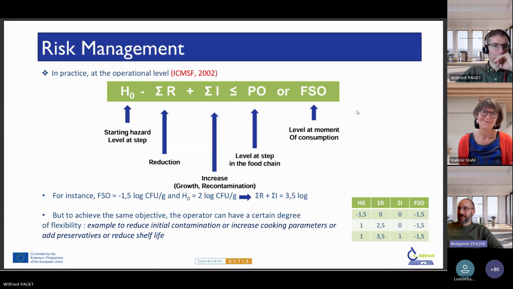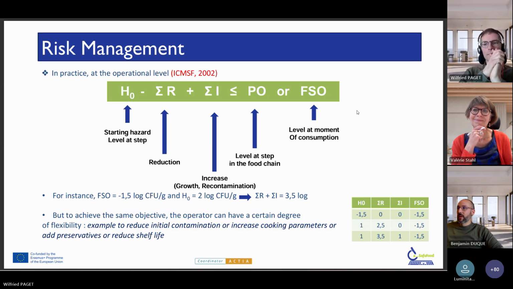So in practice and at the operational level, the considerations of the different metrics can be summarized according to the following equation: H0 minus the sum of the R plus the sum of the I is less than or equal to PO or FSO.